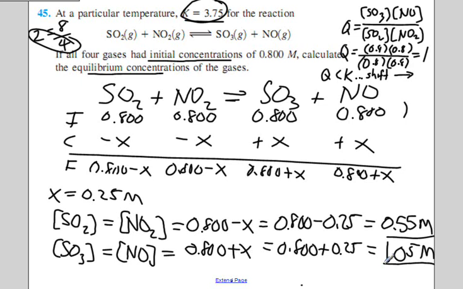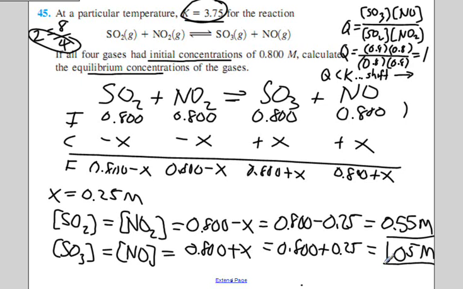Okay? Now you can check your answer. You can see right now if this is actually correct. Any ideas how? How do I know if those are the correct concentrations at equilibrium? Don't we know K? K was 3.75.